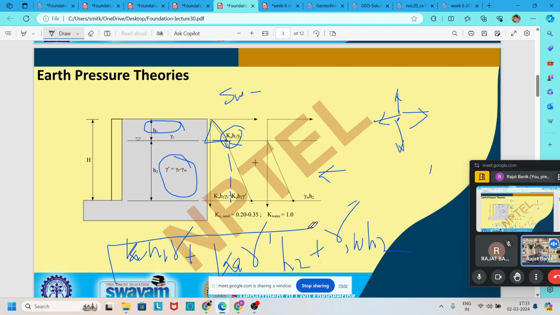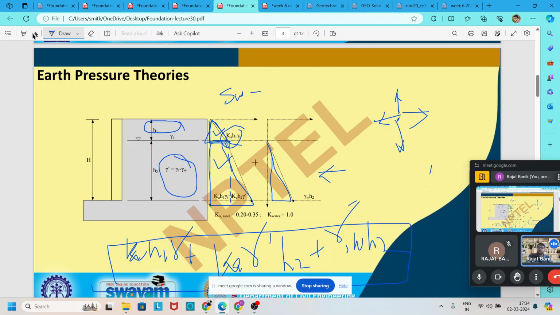So this is the final formula. To find out the total force, we calculate the area of this triangle. So to find out the total active thrust, we find out the areas, and after that we add all these areas.